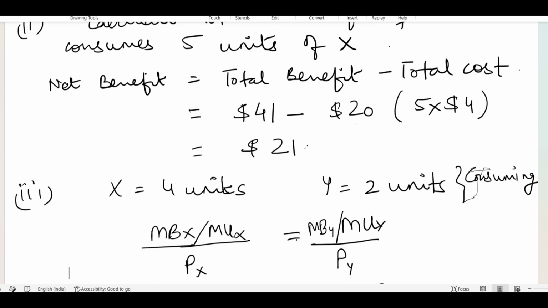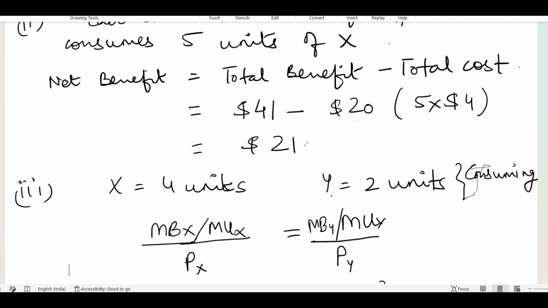Okay. Then the third question says that currently she is consuming 4 units of good X and 2 units of good Y. That's what she's currently consuming, right? And the question asks you to use marginal analysis to explain why this combination is not optimal for Anita.